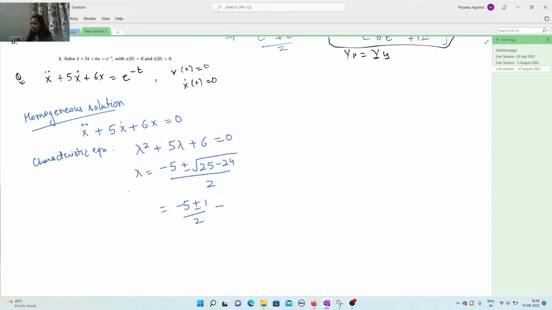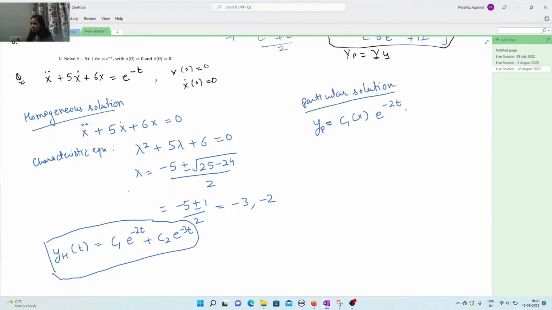Now we have to find the particular solution. Now the particular solution can be written as, simply let's consider, C1 e to the power minus 2t plus C2 e to the power minus 2t.